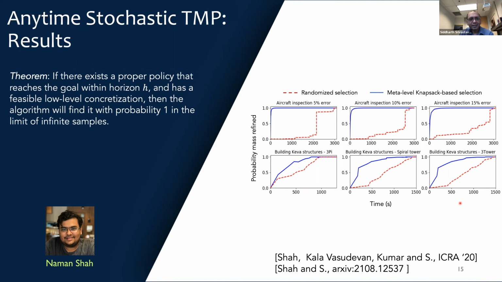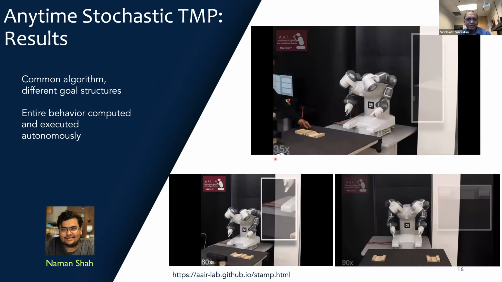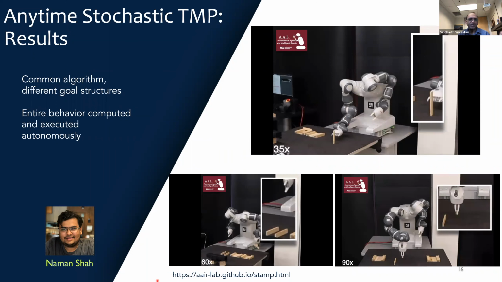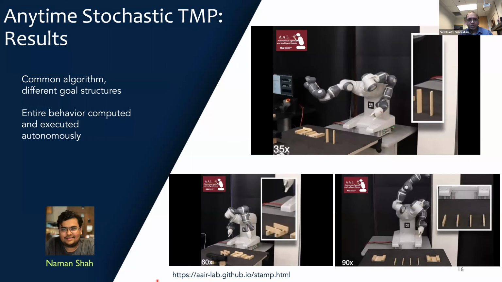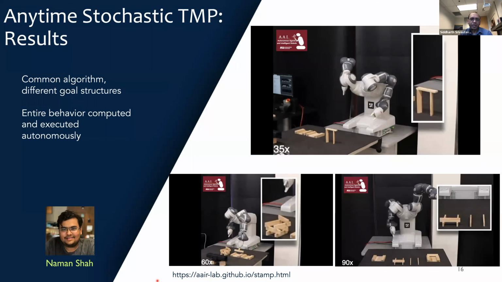We tested this algorithm with a bunch of domains, and I really like these particular examples because the robot has to build a structure using Kiva planks. Kiva planks are notoriously unstable, but the uncertainty here is that the human is going to place planks in one of two different locations.